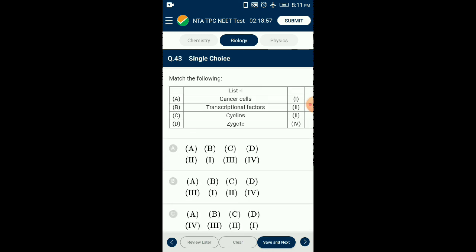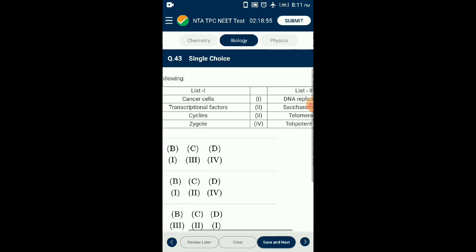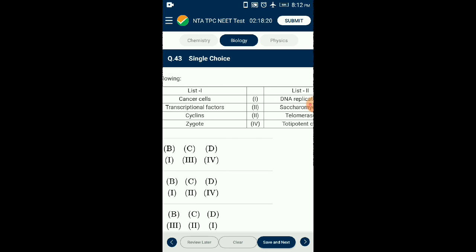Question number 43. Match the following. Telomeres are protein complexes present at the end of chromosomes. These are maintained by telomerase and are reactivated during cancer. When telomeres are short, cell division stops, so cancer cells promote telomerase activity. The zygote divides millions of times during maturation.